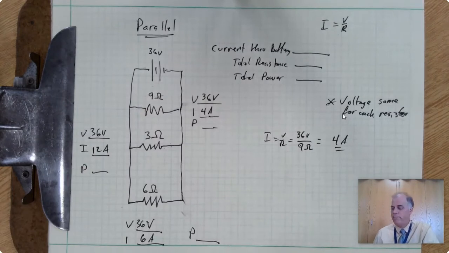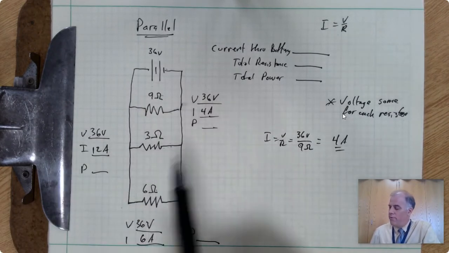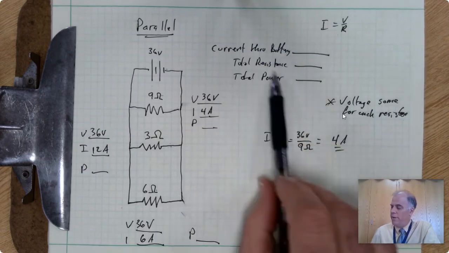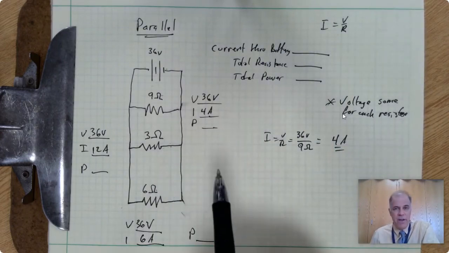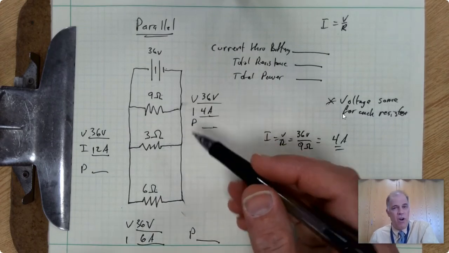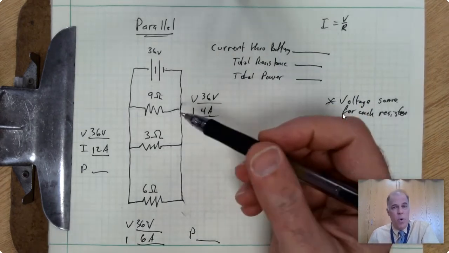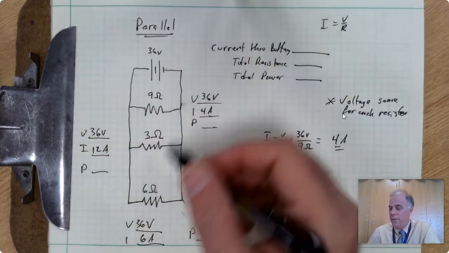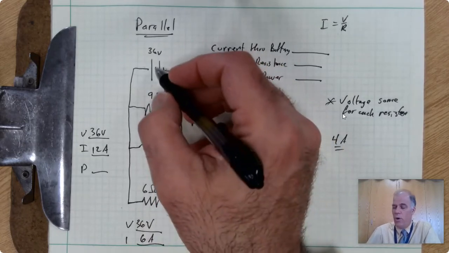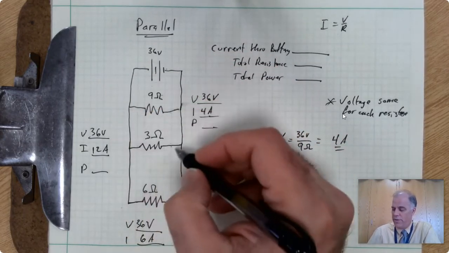All right. So now we have 2 out of 3. Now, for being able to figure out these things, again, we have to have another insight. And that's that all the current, or the charge that makes up the current, is conserved. Again, it's like water flowing through a manifold of pipes. This is the pump. It's putting out a whole bunch of water, and some of the water takes this path, and some of the water takes this path, and the rest takes this path.